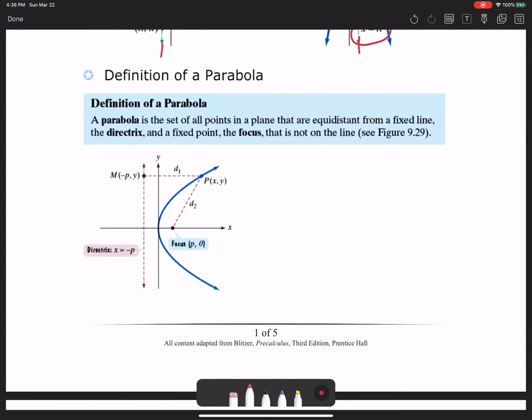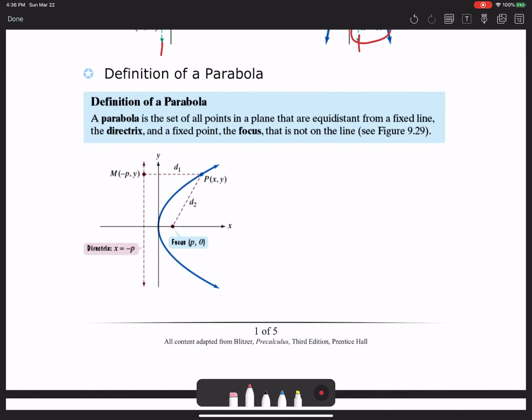Here's the definition of a parabola in more like the format that we're going to be looking at it, but across the board, this is the definition of a parabola. It's the set of points that's equidistant from a fixed line called the directrix, which you may or may not have ever worked with before. So there's a directrix and a focus.